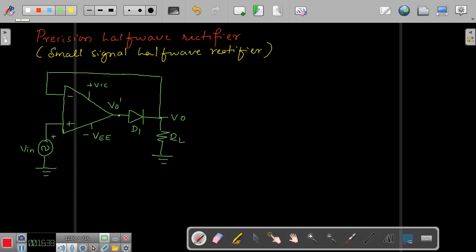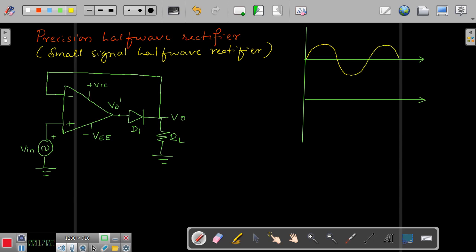Now I draw the waveforms here. You have the input signal, V in.